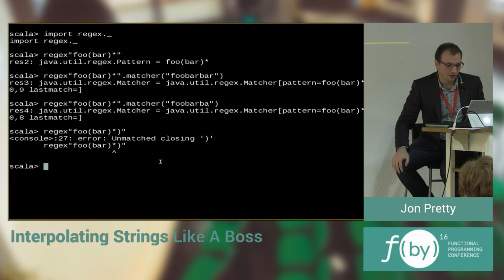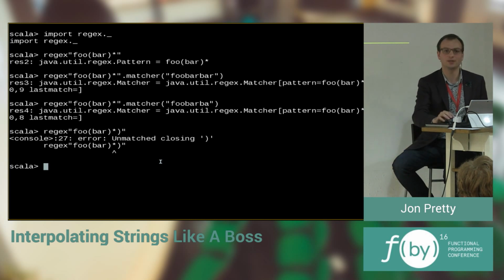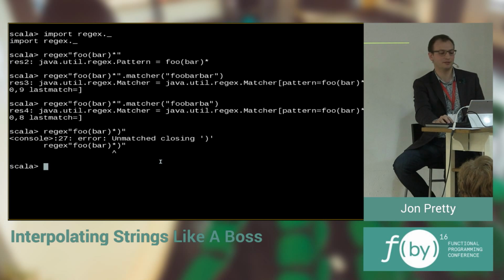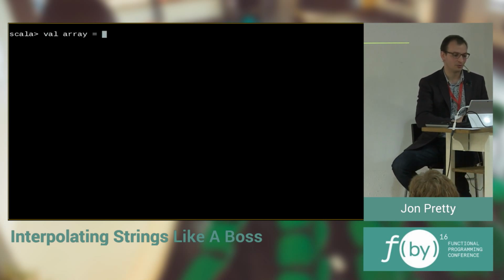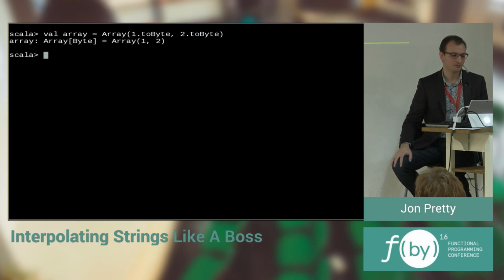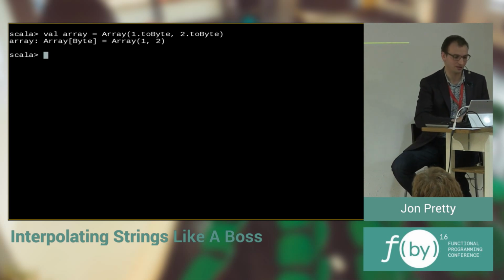So I do have one quite complicated example which involves substitution, but I probably don't have time to talk through that. So I'll show you an example that does something a little bit different. Now, does anyone know of any problems with creating a new array like this? What issues might you have with that compared to what the same thing in Java would be?